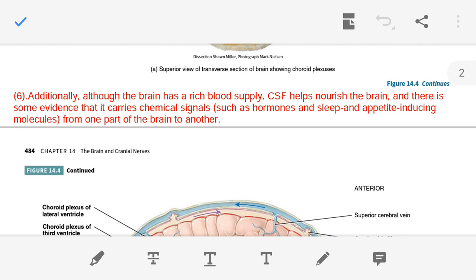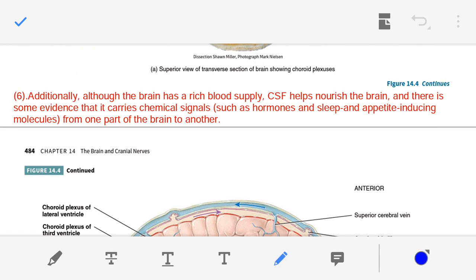Now the sixth point. Even though our brain has a rich blood supply, CSF is nourishing the brain, and there is some evidence that the CSF carries chemical signals in the form of hormones.